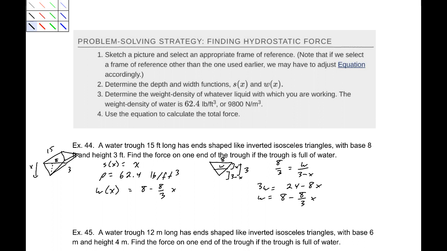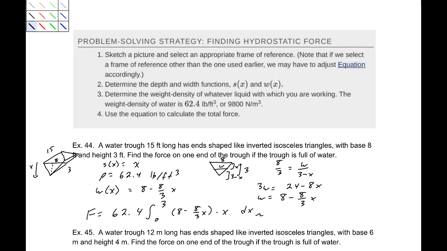All right, so plugging that into our formula, our force is 62.4 times the integral from 0 to 3, and that is because it's full of water, and so from the bottom to the top is 3 feet, of 8 minus 8 over 3x times x, our s of x times our w of x dx.